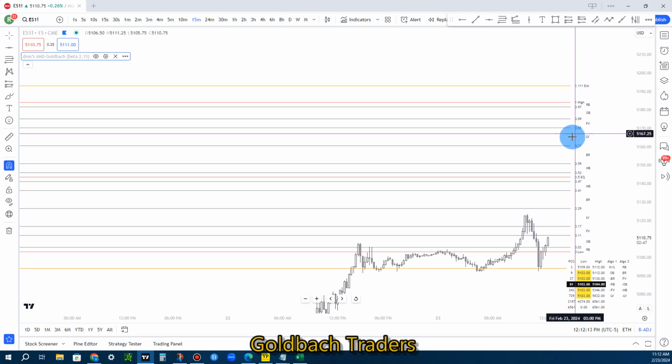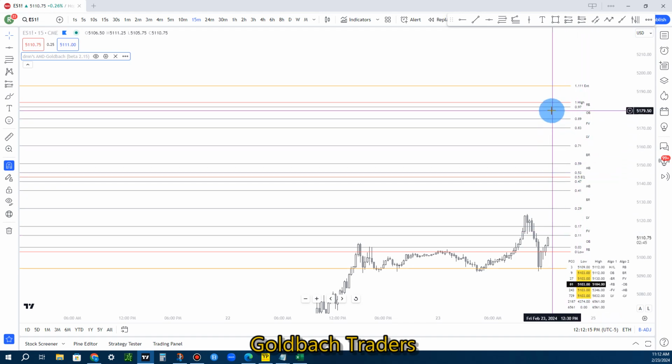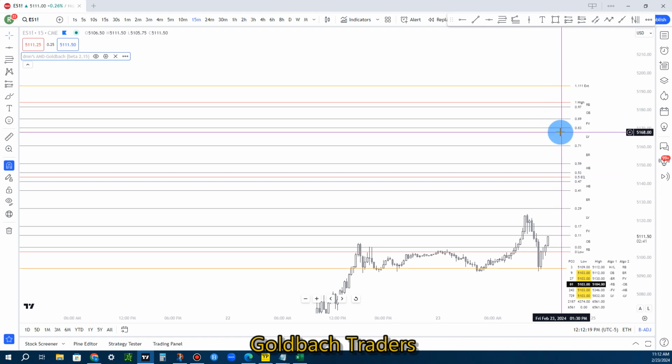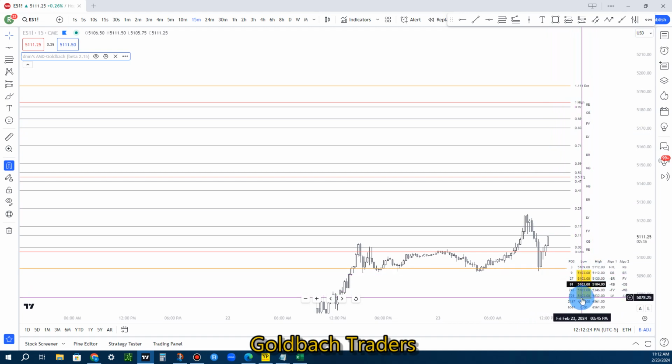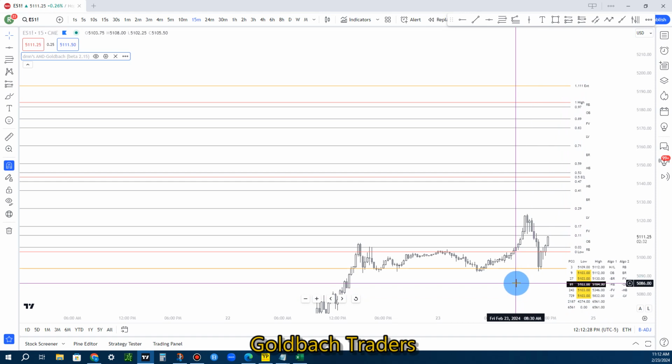When we're above 50% of the dealing range, we're looking for shorts. So if all of these dealing ranges share the same common low of 5103, then we would be looking for longs.